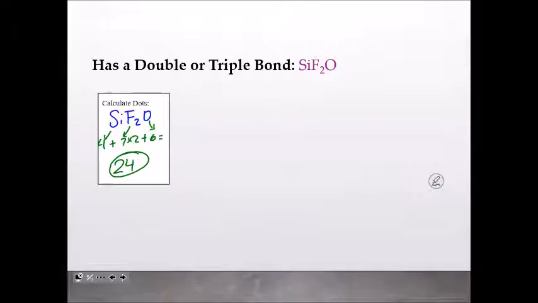Which one is the central atom? Silicon. It is the least electronegative and it is the one written first. So we're going to put silicon in the middle. Then we're going to attach our ligands. It doesn't really matter which side you attach them to, just as long as you attach them. I happen to like to go clockwise, so that's what I'm going to do.